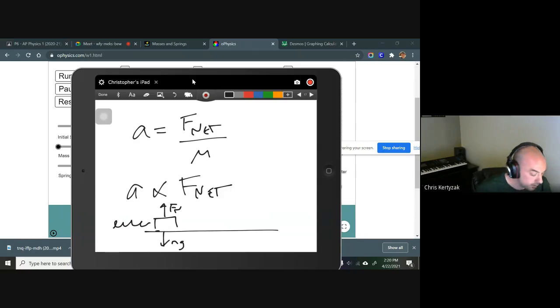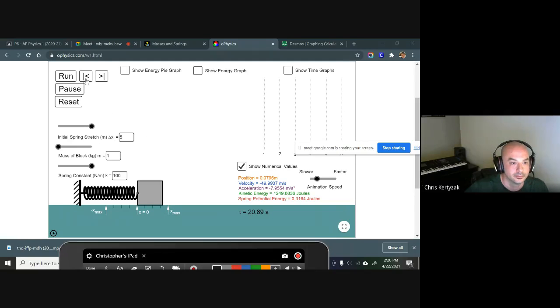So the only forces that are really sideways forces in this case would be the spring force. If it was moving to the left, right? The force from the, I take that back.